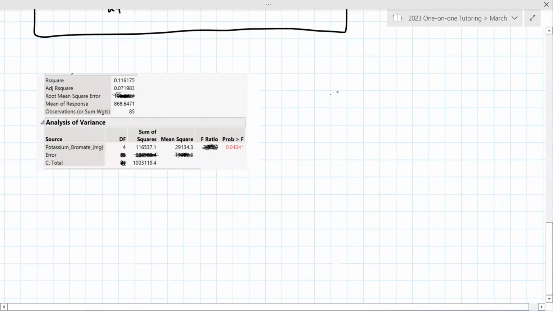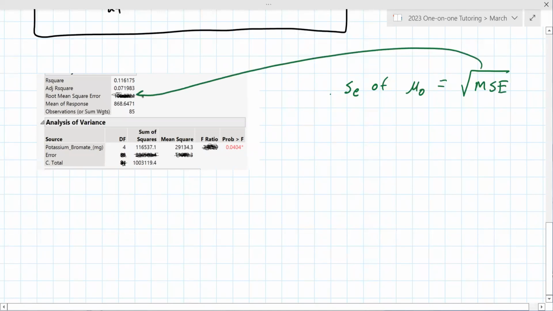You were asked to find the standard error of mu0, which we decided was the root mean square of MSE. This one right here. And we asked, how do you get that? It literally is the square root of this number, MSC. And MSC is SSC over degrees of freedom. Yes, exactly. That I understand.